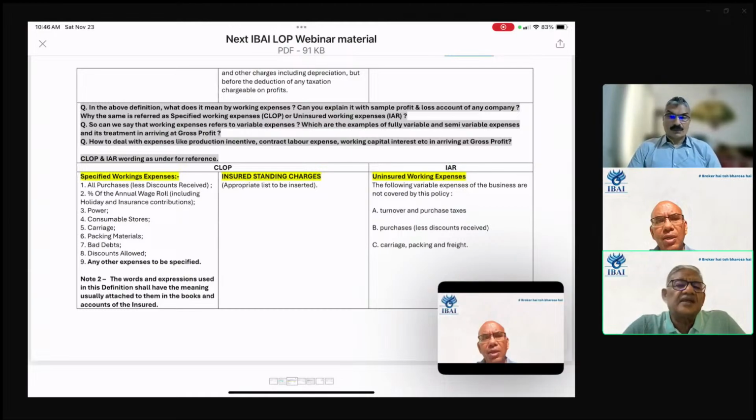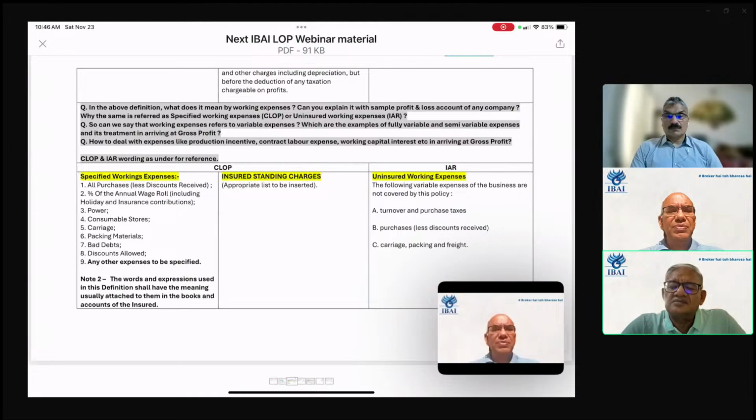I think we have discussed this in great detail. So it means specified working expenses is a synonym of uninsured working expenses. Is it correct?